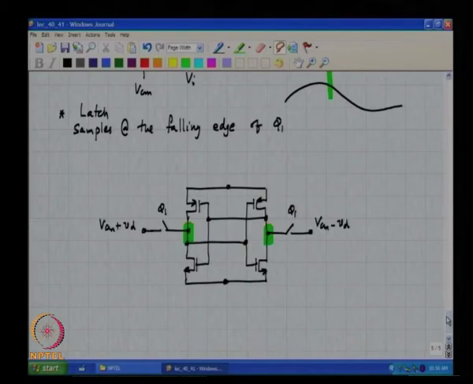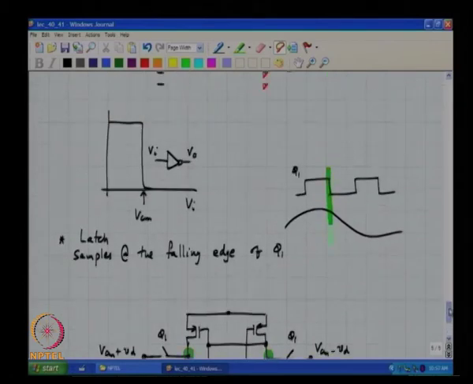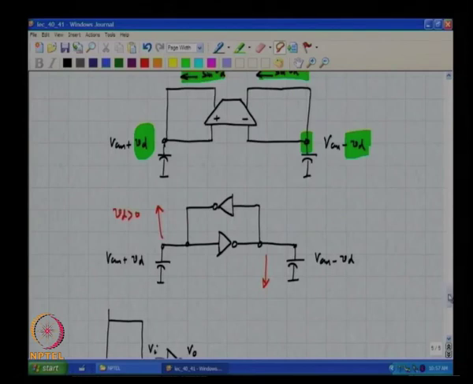All right. So, let me ask you another thing. When the input is being sampled onto these two parasitic capacitances, should the two transconductors be active or not? Let us see. So, the input is being sampled onto these two nodes. Do you think it makes sense for these two to be active during that time?